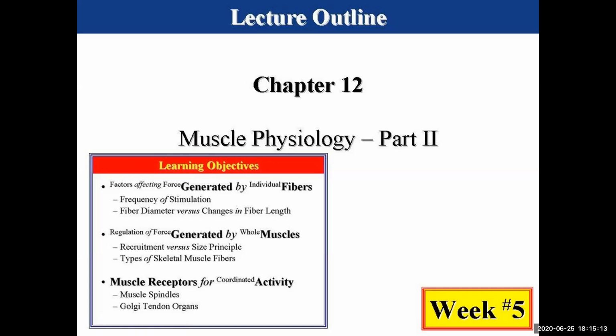Hi guys, chapter 12, part 2. We're going to go over focusing on the mechanics of the contraction. So meaning we're going to go over two different levels: at the cellular level, meaning the mechanics of how a single individual skeletal muscle cell or skeletal muscle fiber generates tension, or how it contracts.